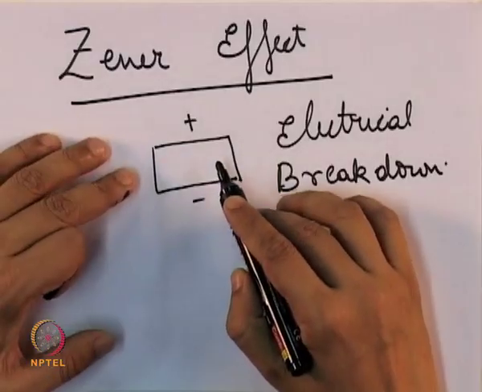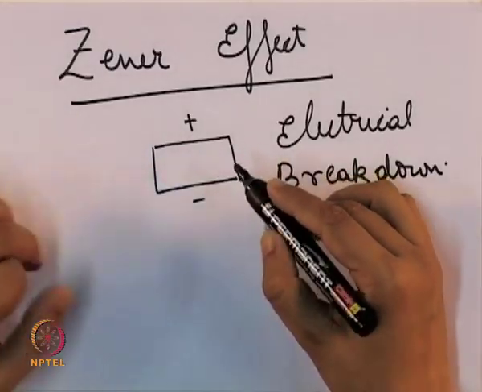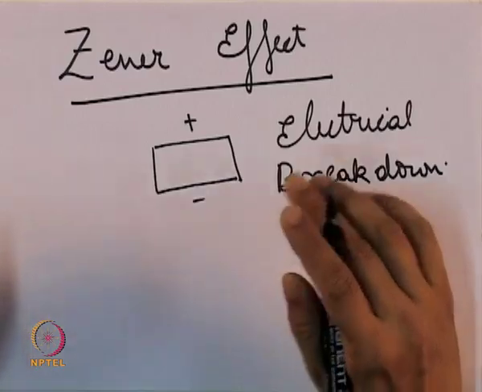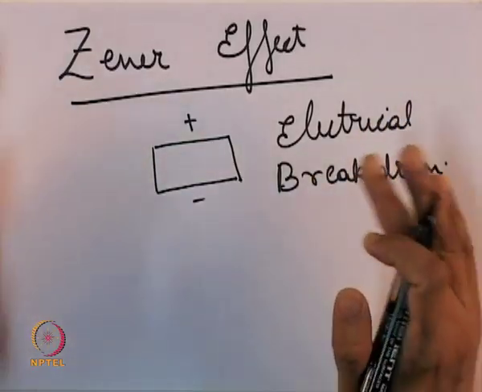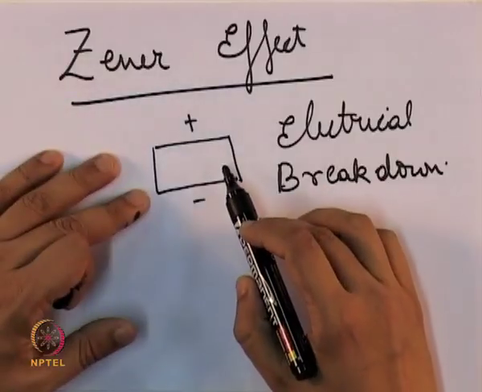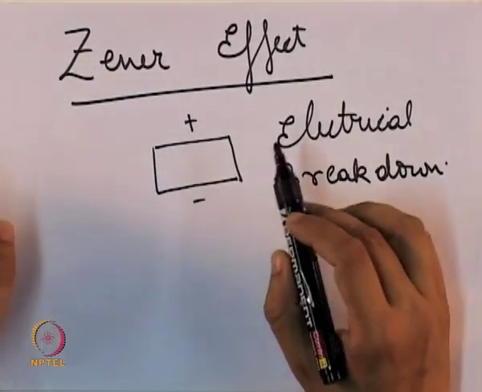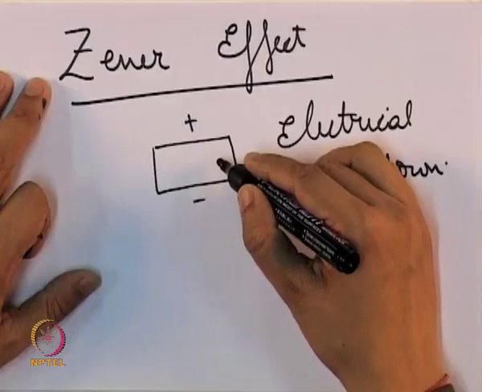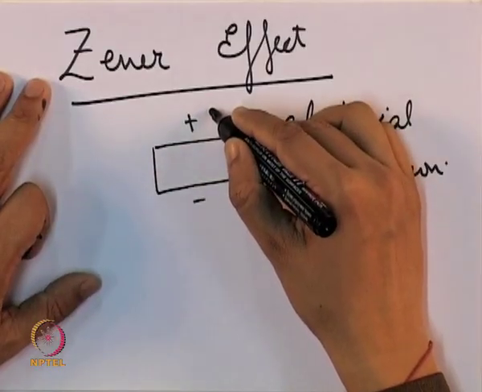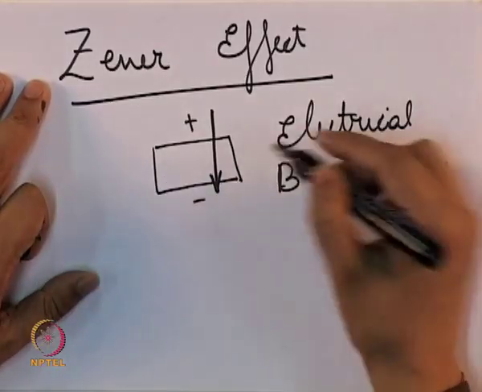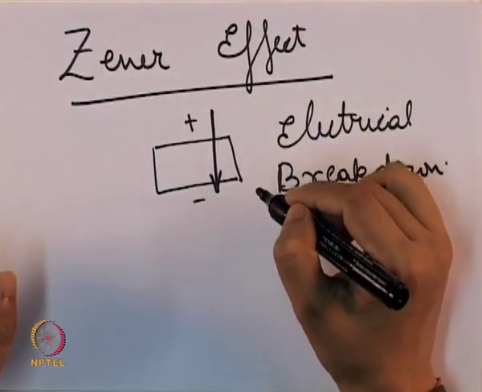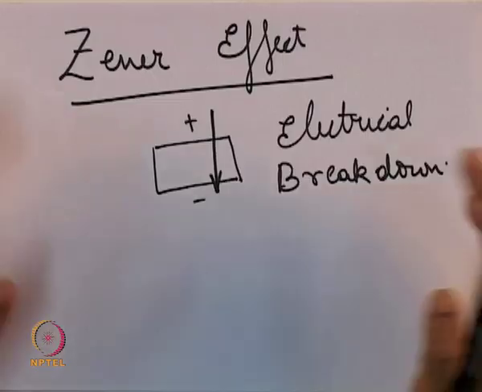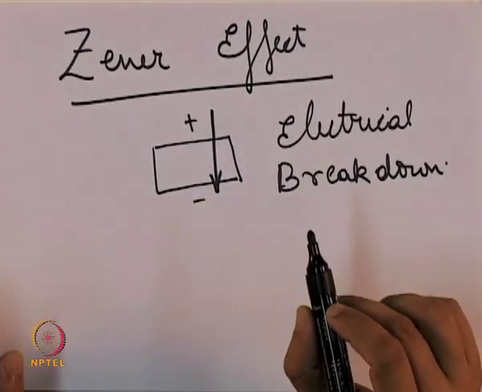However, with this Zener effect, due to the special construction of the diode, and we will not go into the details of the construction, just know that there are some special techniques used for constructing the Zener diode such that when a high voltage is applied a lot of charge carriers are formed, but once the high voltage is reduced and we go back to the initial state, the material also comes back to its initial state.